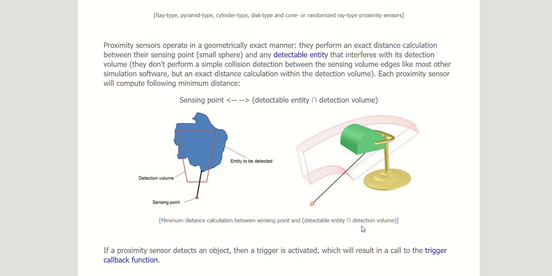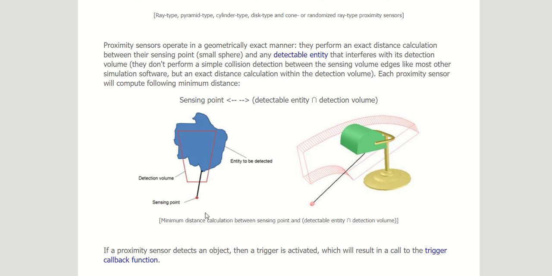So how does the distance detection take place in the proximity sensor? First, it will compute the minimum distance from the sensing point to the intersection of the detectable entity and the detection volume, right?